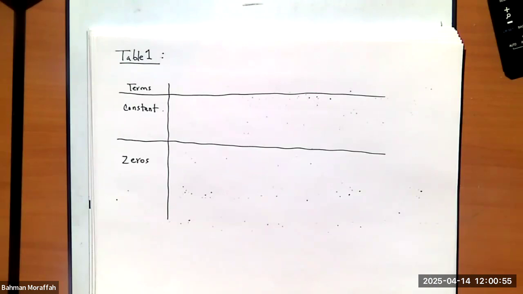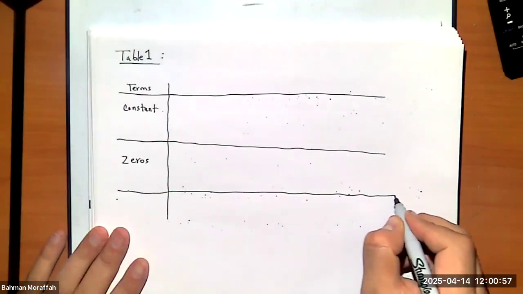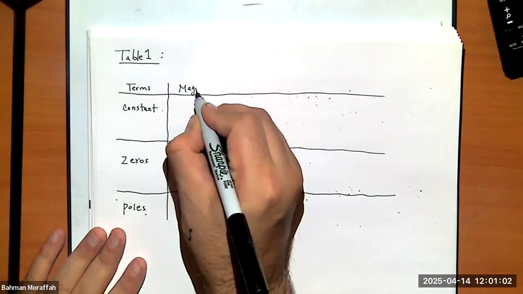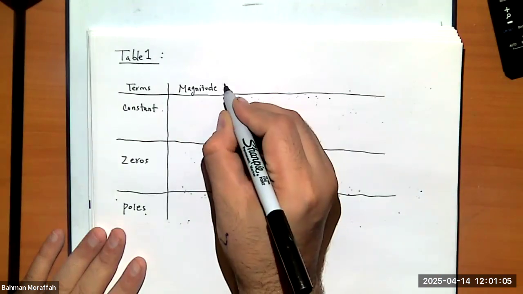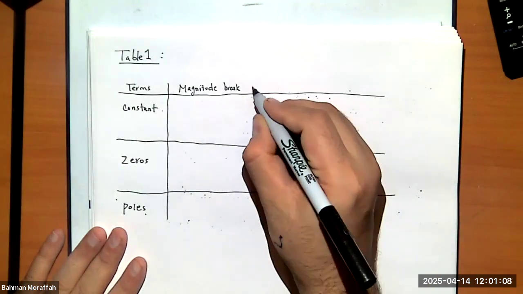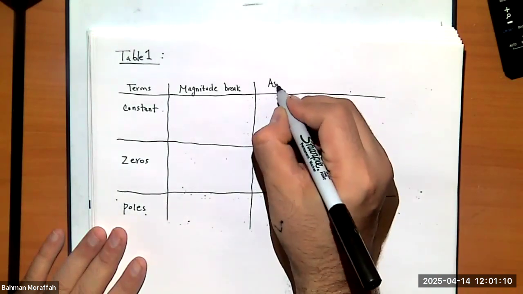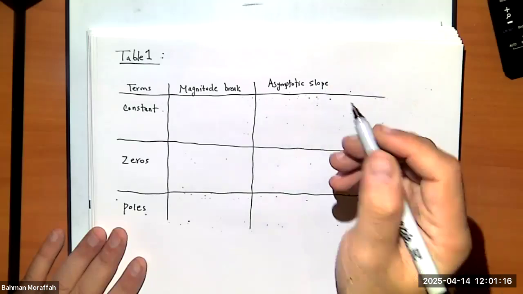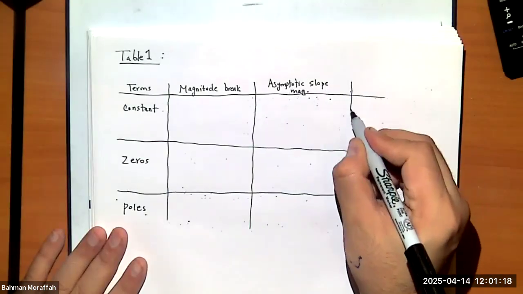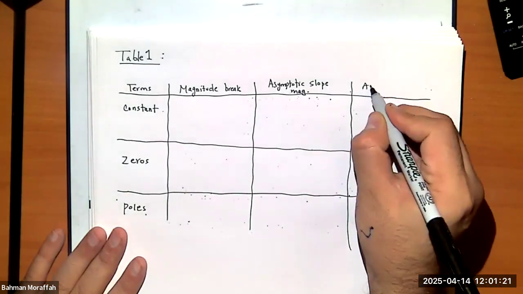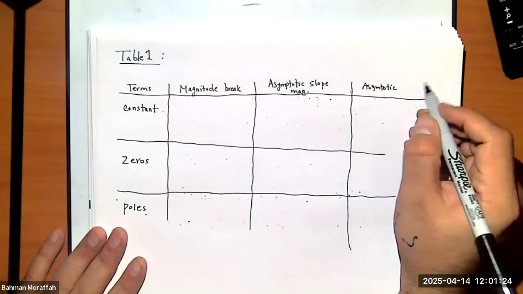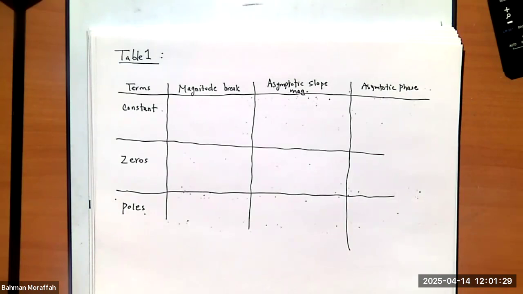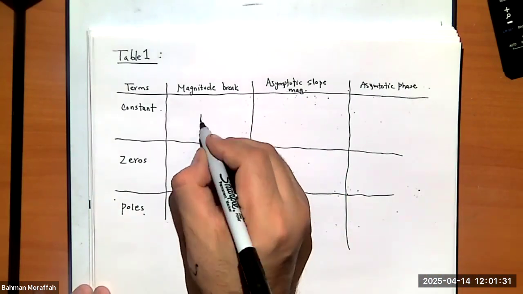I have zeros. Markers: magnitude break, asymptotic slope for magnitude, and then asymptotic phase for all these.